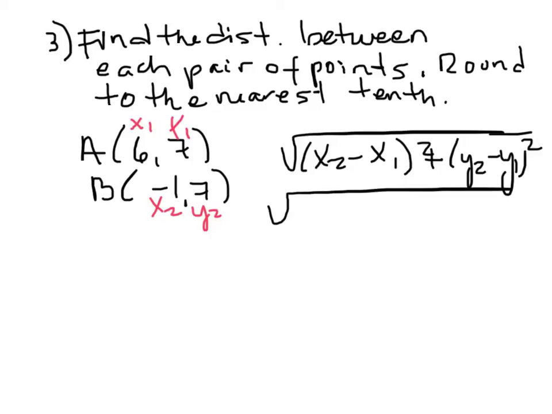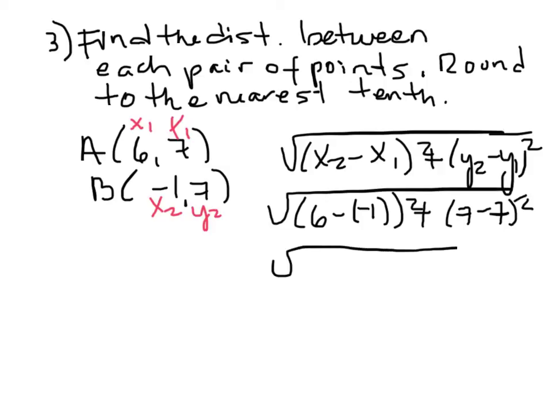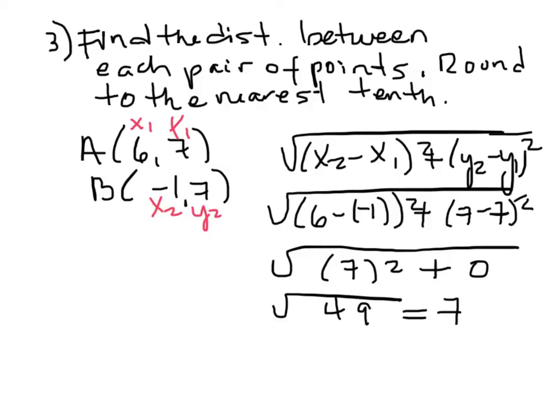So we say x1 is 6 minus 1. And the other one is 7 minus 7 square. This is 6 plus 1, it's a 7 square, because this is 0. So this is 49. The distance between these 2 points is 7.